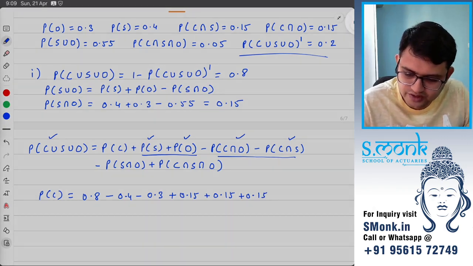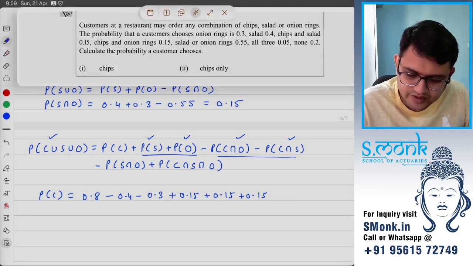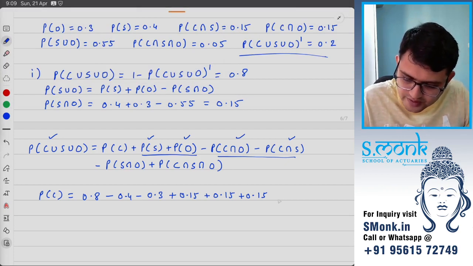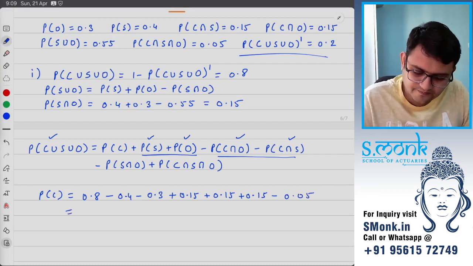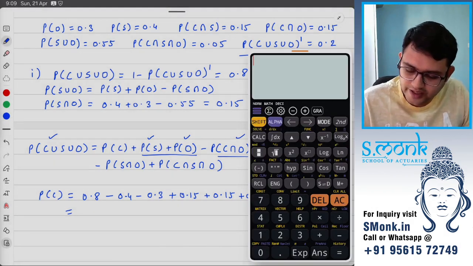All three were 0.15? I'll just check in the question. Yep, all three were 0.05, and then minus 0.05. Now I'll talk about the calculator in a minute.